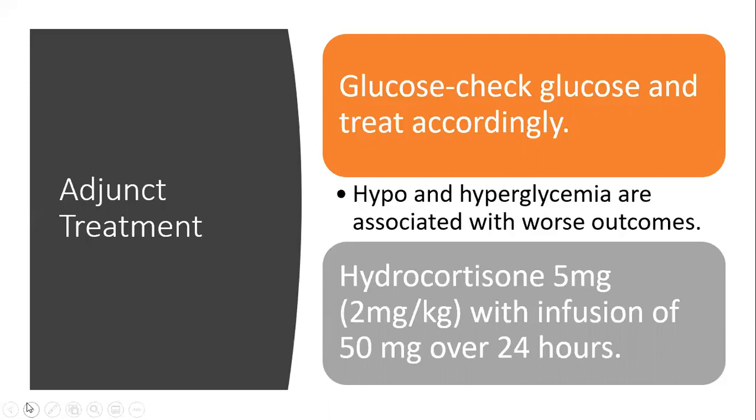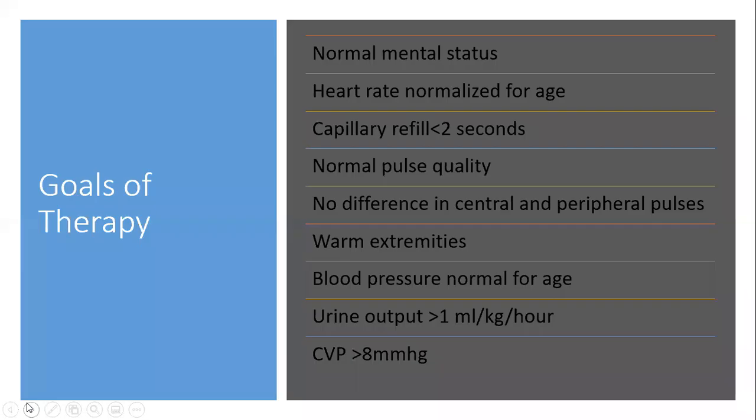They have increased morbidity, mortality. Hydrocortisone is also another adjunct treatment. You're going to give 2 milligrams per kilo, with an infusion of 50 milligrams over 24 hours. So their total over the next 24 hours is going to be 50 milligrams.